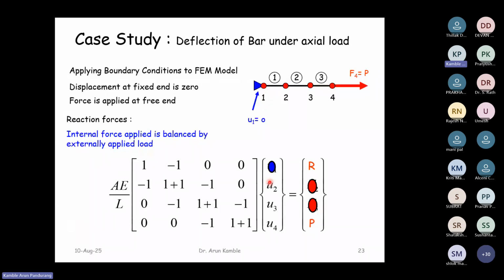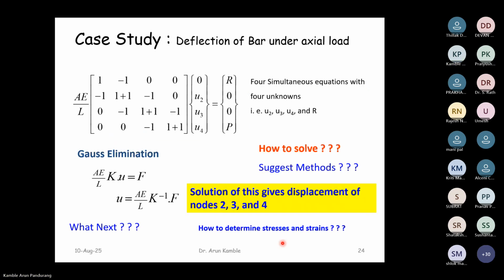So there are 4 equations and 4 unknowns. U1 is 0. We have to find U2, U3, U4, and the reaction R.